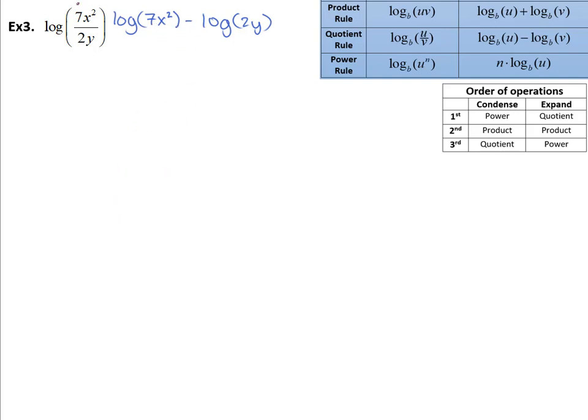Okay, next we would want to do the product rule. So we did quotient rule, the product rule, which says if we have multiplication, which we do in 2 places, we can write those as logs being added. So log of 7 plus log of x squared. Now here, though, we need to be careful.